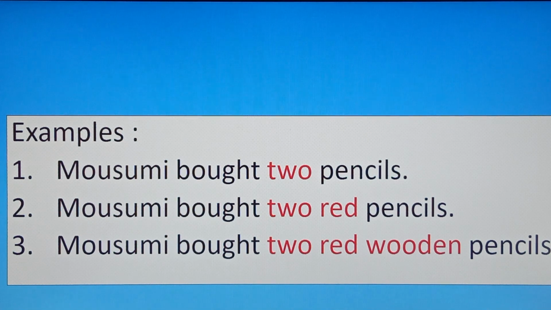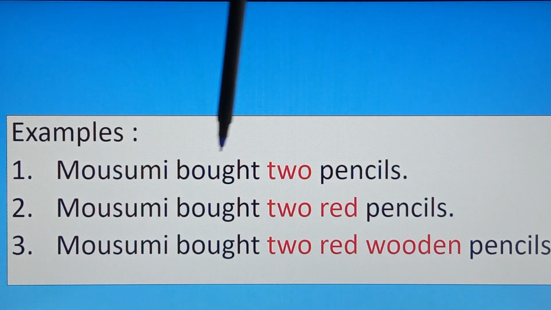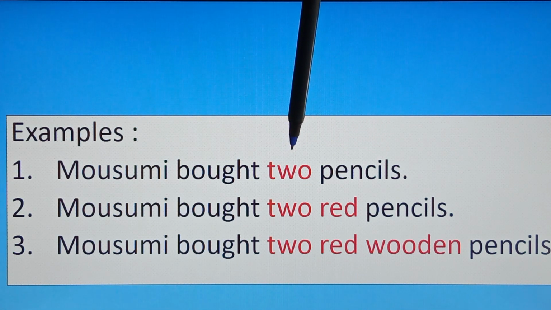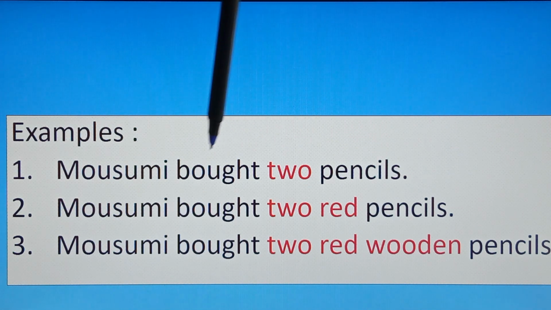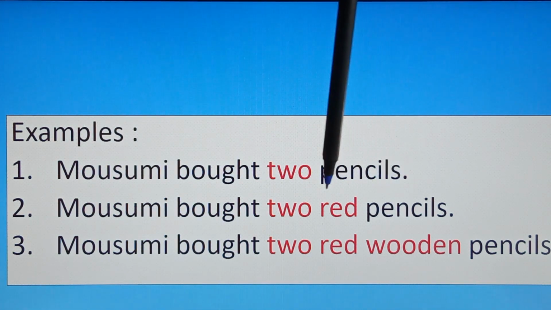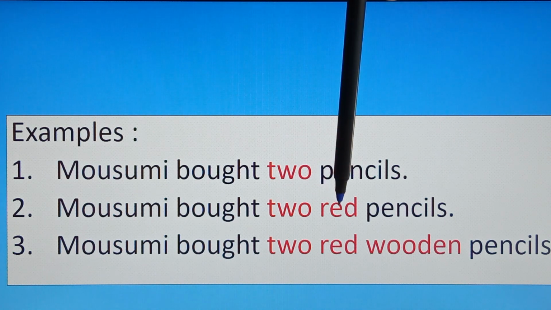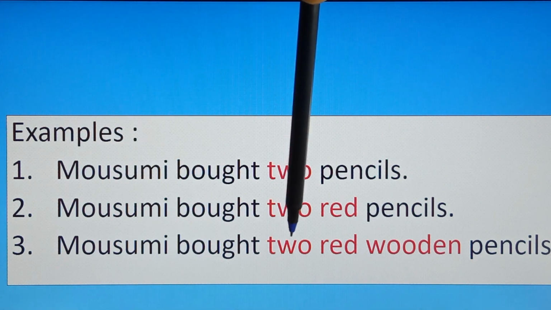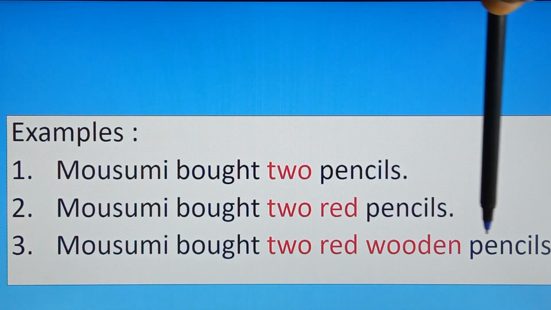Now see here, in the first sentence, Mosumi bought 2 pencils. Here there is only one adjective, that is 2. Next, Mosumi bought 2 red pencils. Here the adjectives are 2 and red. In number 3, Mosumi bought 2 red wooden pencils.